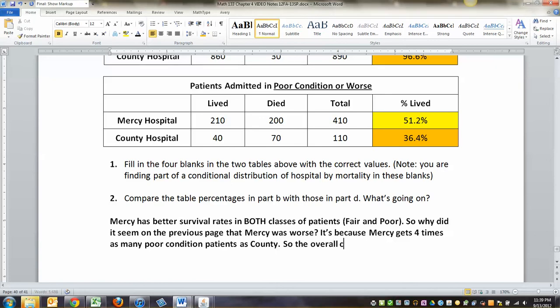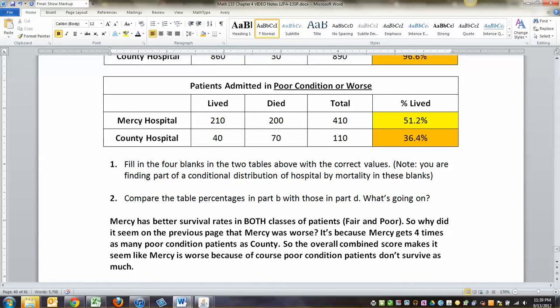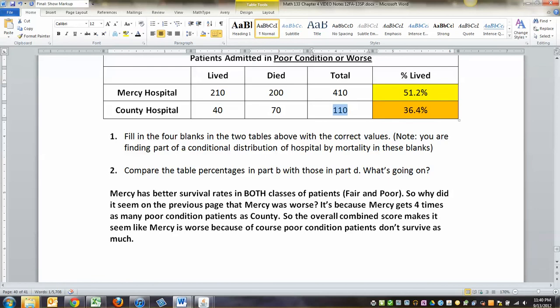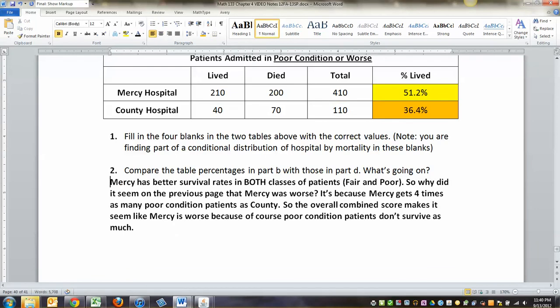So the overall combined score makes it seem like Mercy is worse because, of course, poor condition patients don't survive as well because they're in poor condition to begin with. County only gets 110 poor condition patients, and it doesn't even do that well with the ones it gets, right?